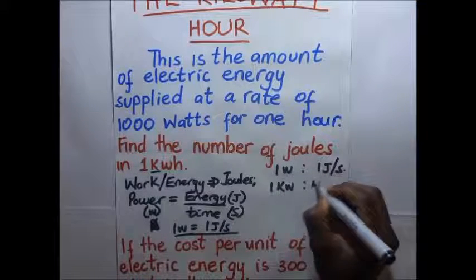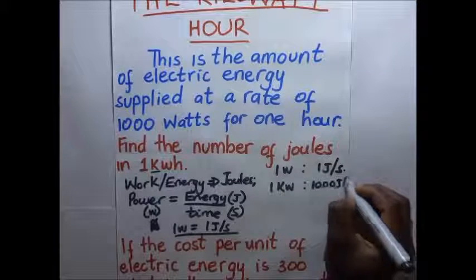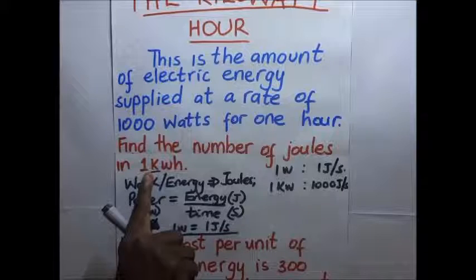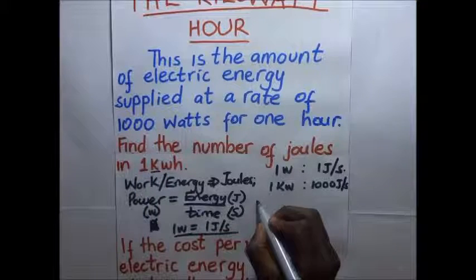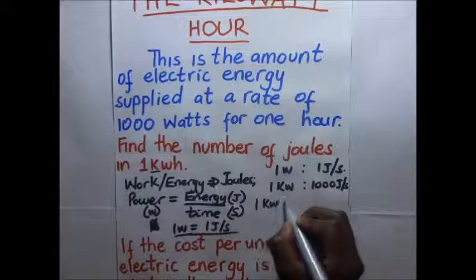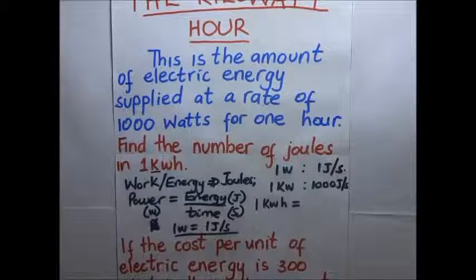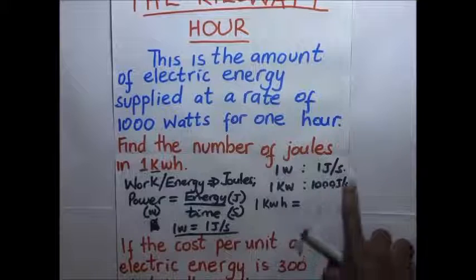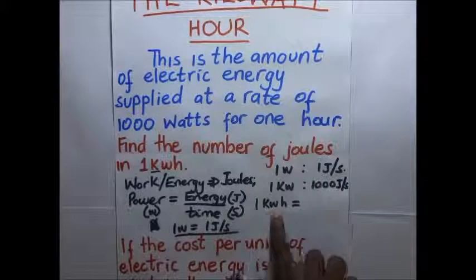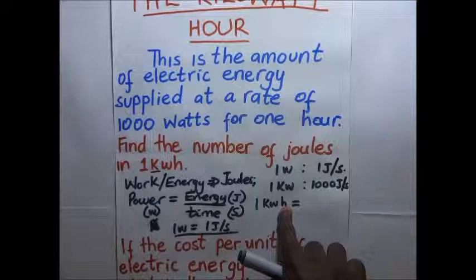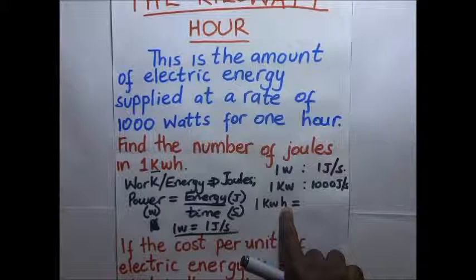So it's going to be 1000 joules per second. But then here we're interested in finding 1 kilowatt hour. So 1 kilowatt hour is going to be 1 kilowatt, which we've already gotten as 1000 joules per second, times the number of hours, which are equivalent to 3600 seconds.